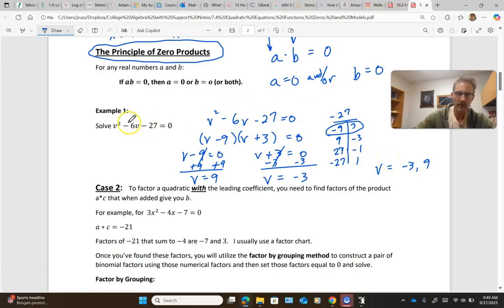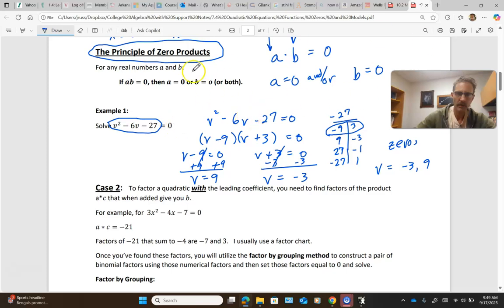Now, when your quadratic function is set equal to 0, when you find these values, you're not only solving the quadratic equation, you're also finding what are called the zeros of the function, because the function is just the left-hand piece. To find the zeros of the function, you're essentially finding the values that make it equal to 0.